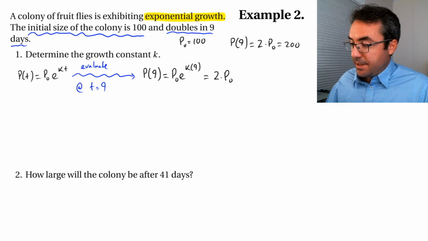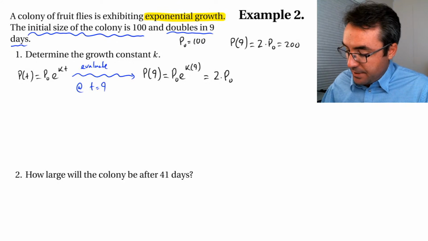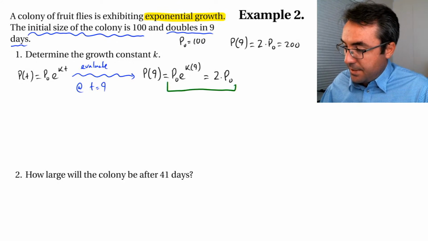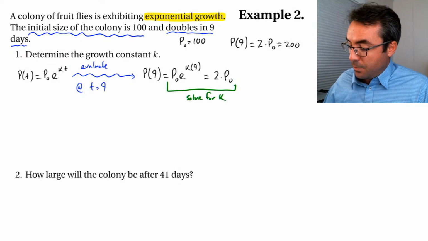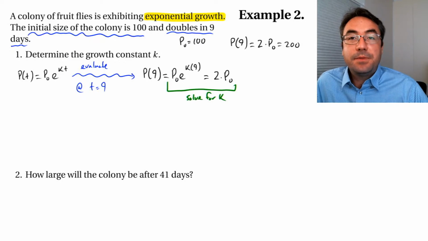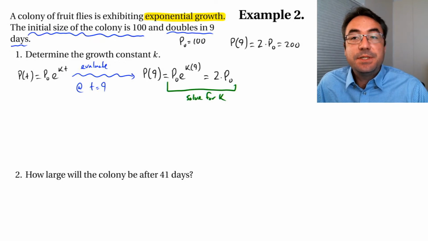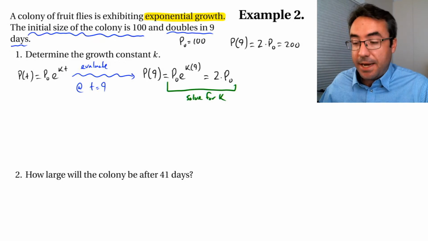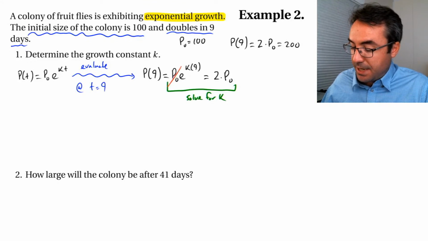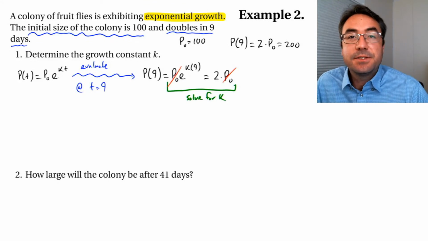This gives us an equation that we can use to solve for k. And right away, it doesn't matter what the initial size is, because we see p0 on both sides, so we could divide both sides by p0 and cancel that off.